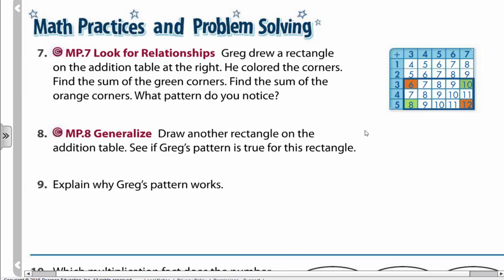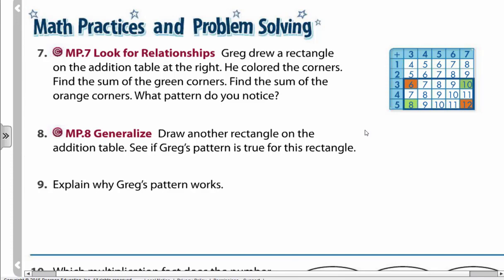Yes. Okay, in this rectangle, he colored the corners. Can you see the colors? Yes. The question asks us to find the sum of the orange corners and the sum of the green corners, and to note what we will find. Let's do this, my hero.